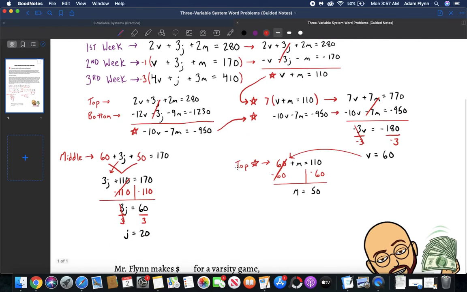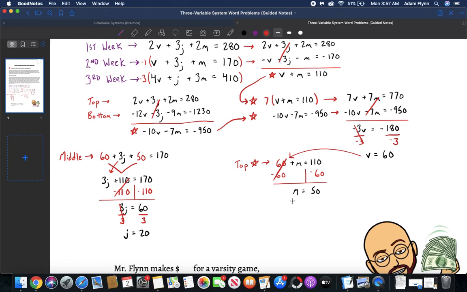After we found our m, our next variable, meaning the 2 variable system was solved, we took this number and plugged that into our middle original equation. So that allowed us to solve for our j, which was our last variable.